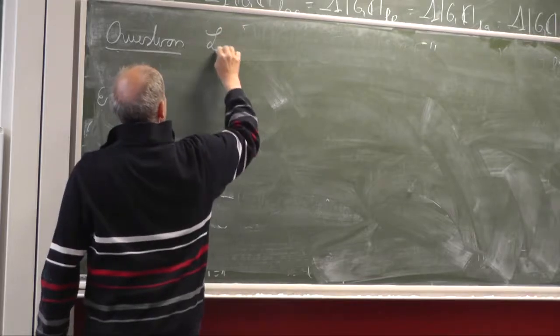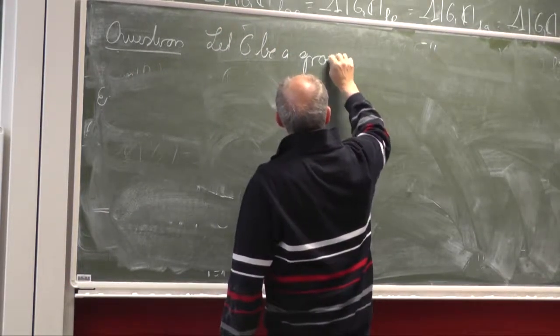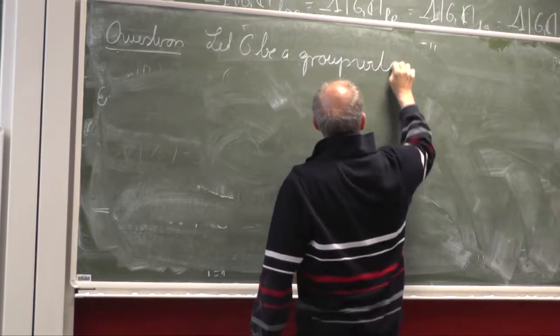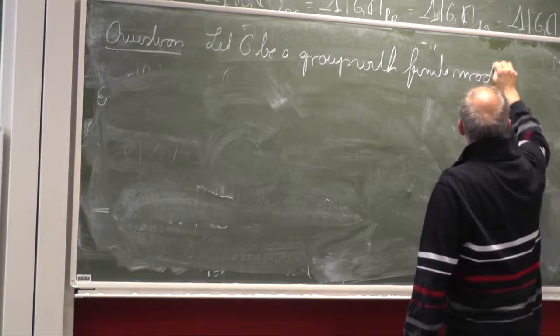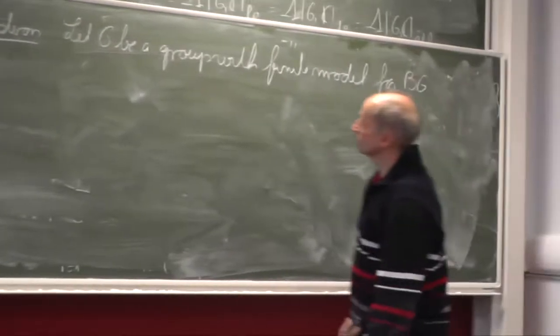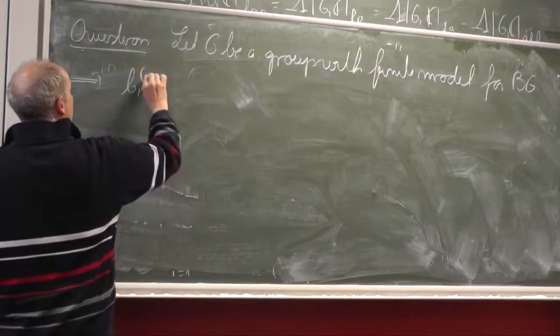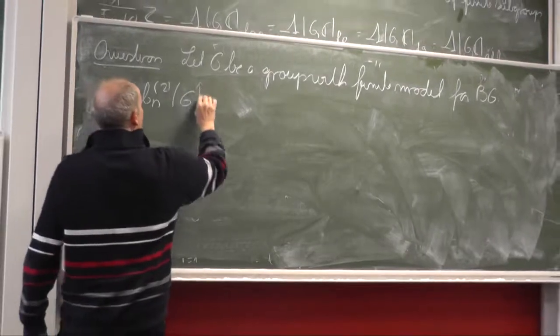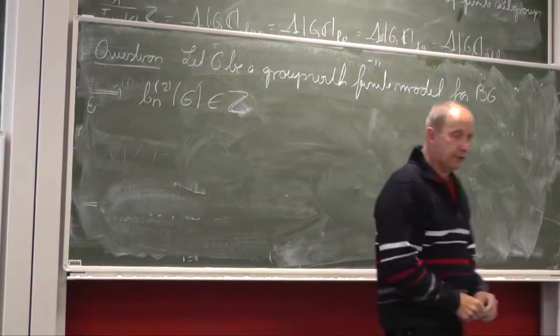Suppose G is a group with a finite model for BG. Does this imply that the Betti numbers of the group, not of some matrix, are all integers? And also for this question, there are no counterexamples.